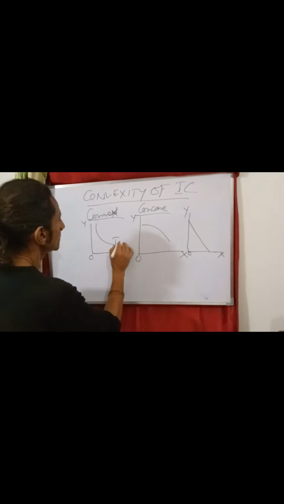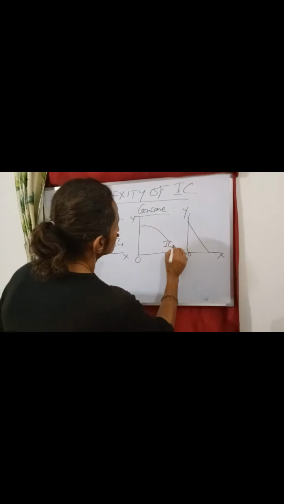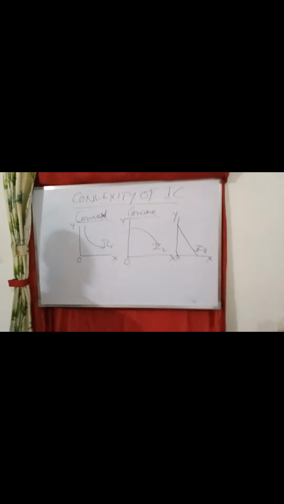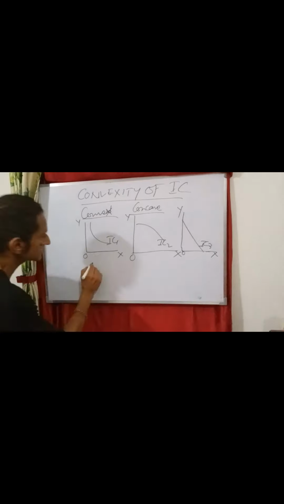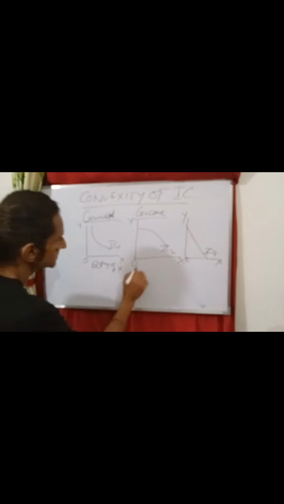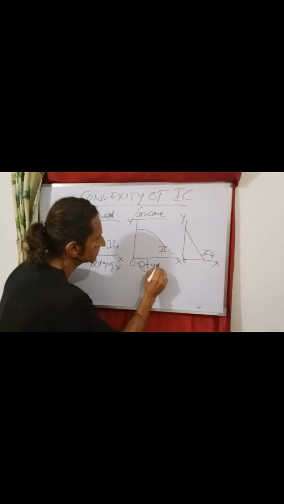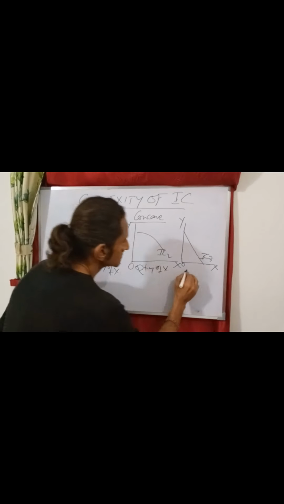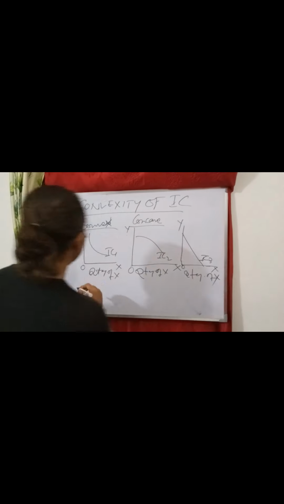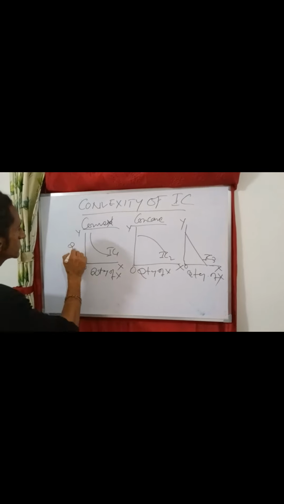This is IC1, this is IC2, and this is IC3. On all the diagrams, we measure quantity of x on the x-axis, and on the y-axis we measure quantity of y.